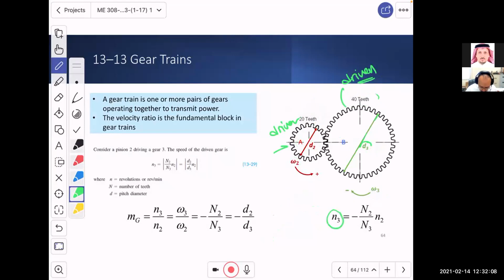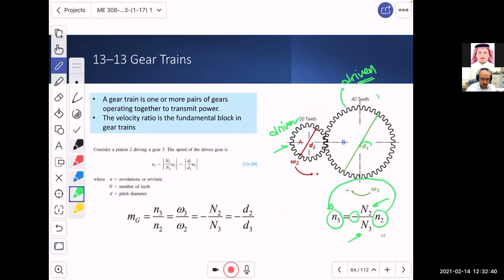N3, the driven here, is equal to the number of teeth of the driver, N2, divided by the number of teeth of the driven, multiplied by N, which is the RPM. And there is a negative sign just to tell you that the sense of rotation is opposite. So this gear will rotate in the opposite direction of the other one.